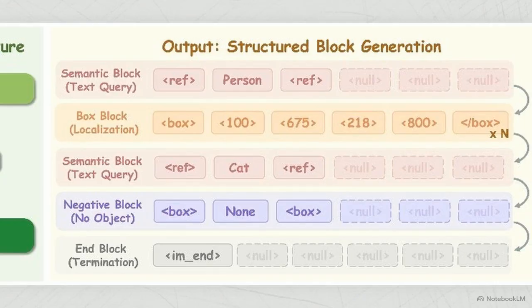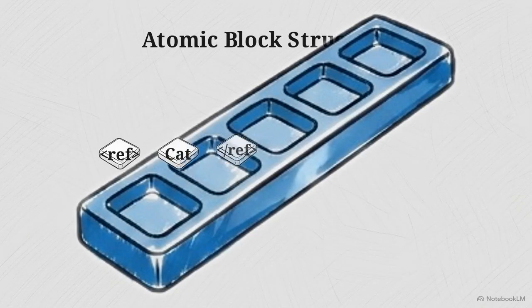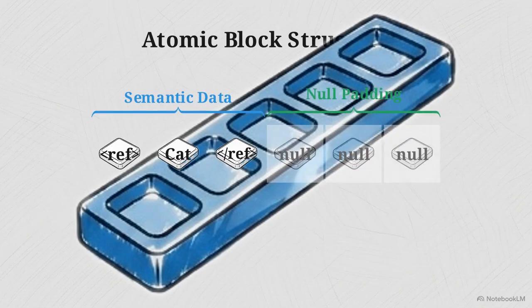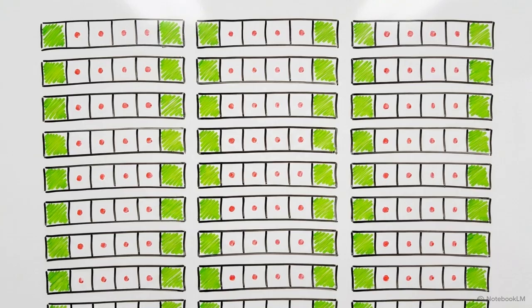In the yellow box block row, notice the anatomy. 2 structural tags at the beginning and end wrap exactly 4 coordinate tokens. If a functional block requires fewer than 6 tokens, the system uses null padding to fill the gaps. This guarantees uniform tensor shapes across all block types. This rigid box-aligned formatting is the structural prerequisite that enables parallel spatial generation without inducing hallucination.